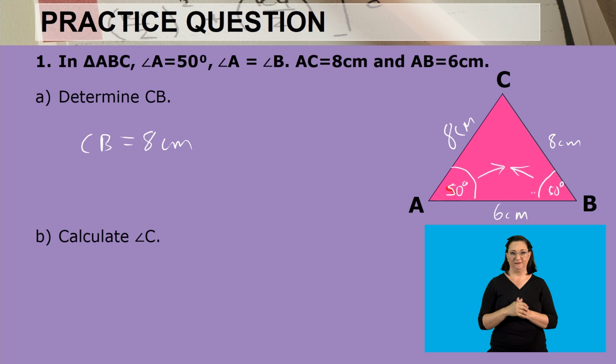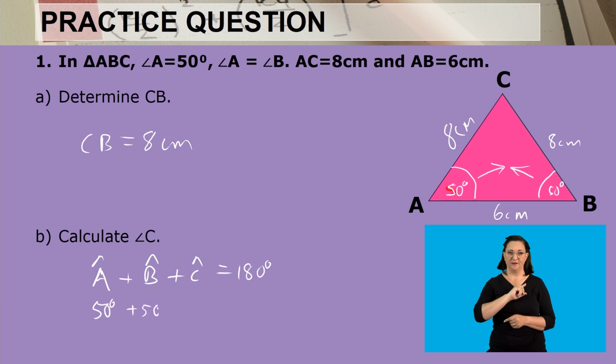If this is 50 and that is 50 degrees, then we know that angle A plus angle B plus angle C equals 180. And we already know that angle A is 50 degrees and angle B is 50 degrees, and then angle C is what we need to know.